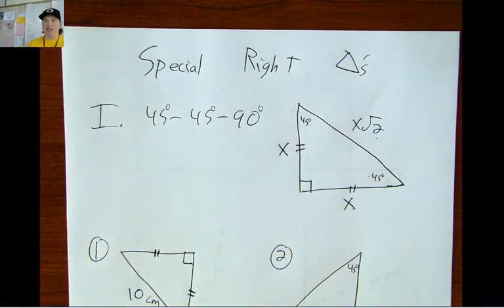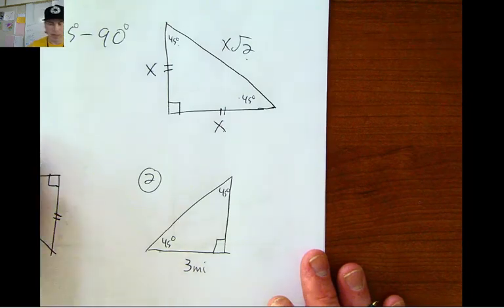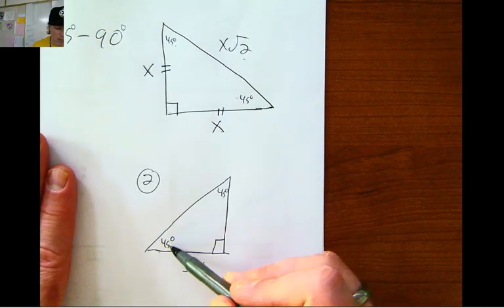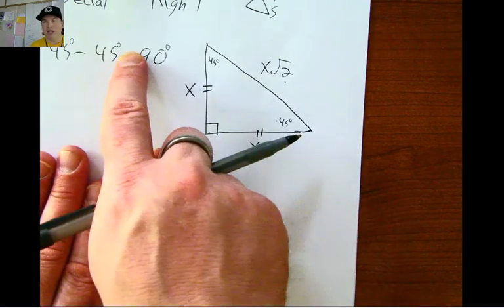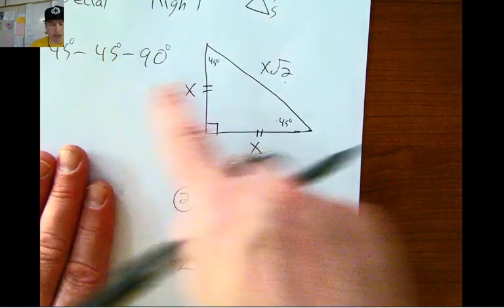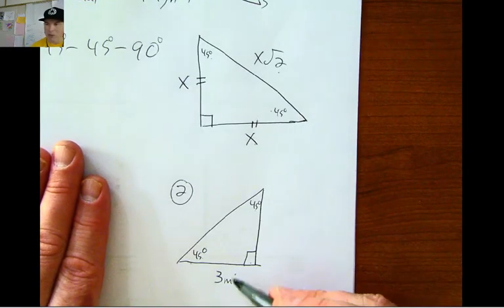So instead of doing example number 1 first, I'm going to do example 2 first. Check it out. They say 45, 45, right angle, so that tells me immediately that it's a 45, 45, 90 triangle, and this picture pops into my head. Now that it's there, I look and see, what did they give me?